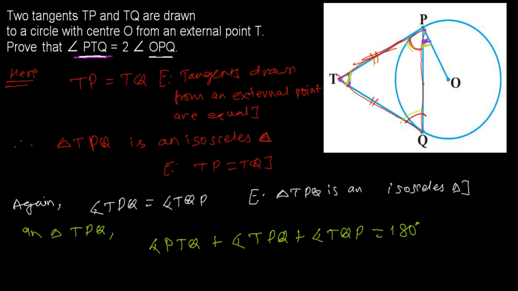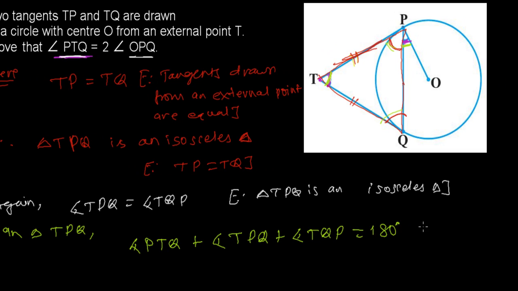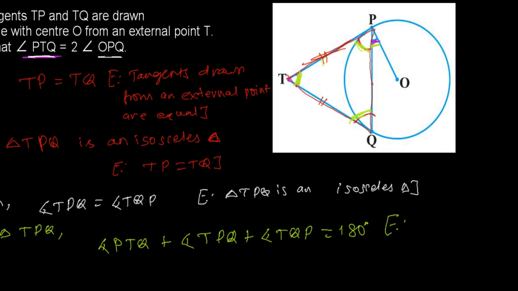I'm sure you're 100% agree with me in this case, because the sum of the internal angles of a triangle is always 180 degrees.